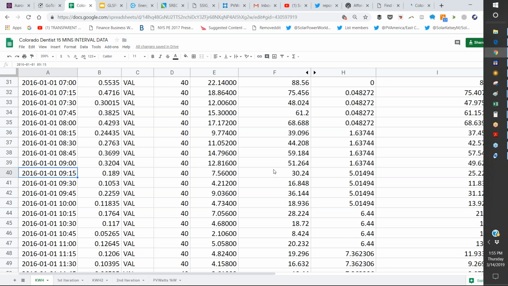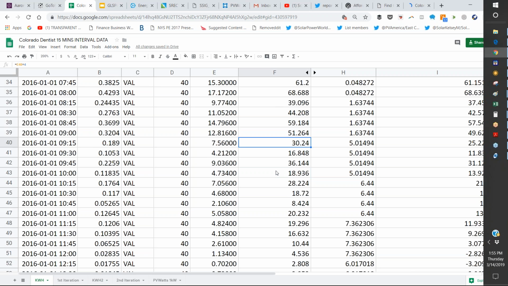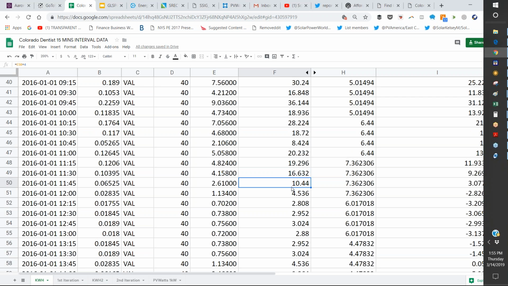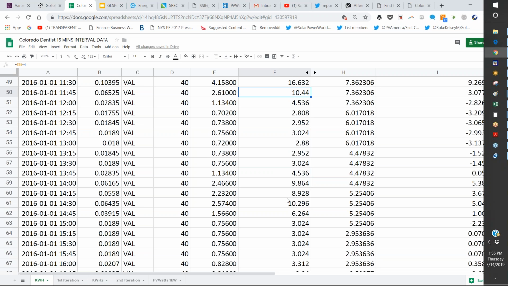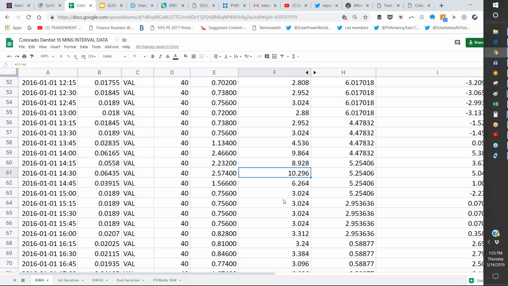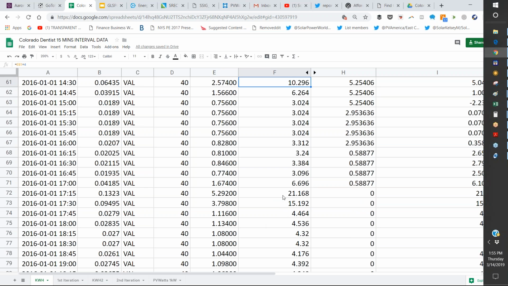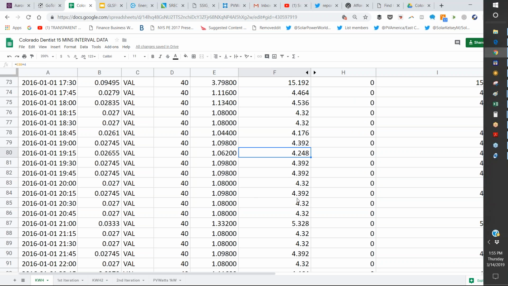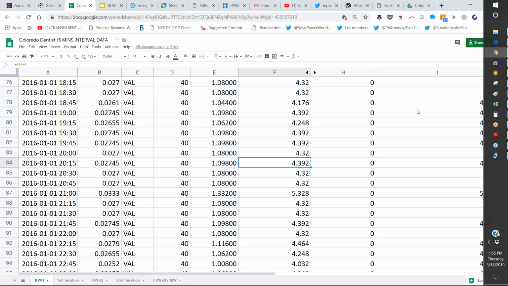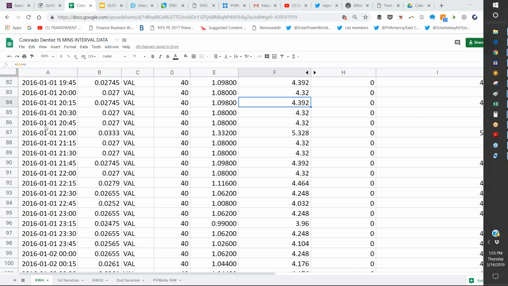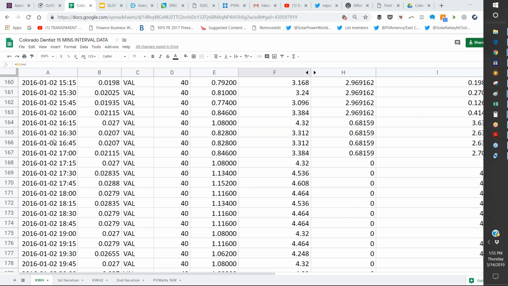By 9:15, we're back down to 30 kilowatts, and then substantially less for the rest of the day. Then maybe a little bit more in the evening. More and more people start entering and exiting the building, and the heaters click back on momentarily. This is at 2:30. Another spike in the evening. And then at midnight, we drop back down to our base load. What we have is that for every single 15-minute interval for the entire day.